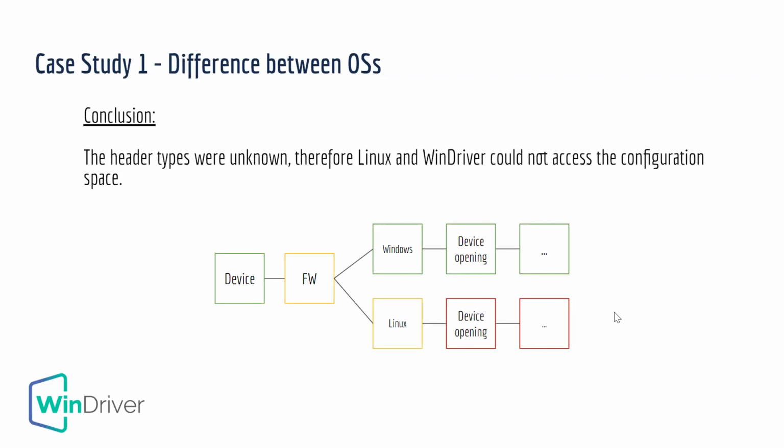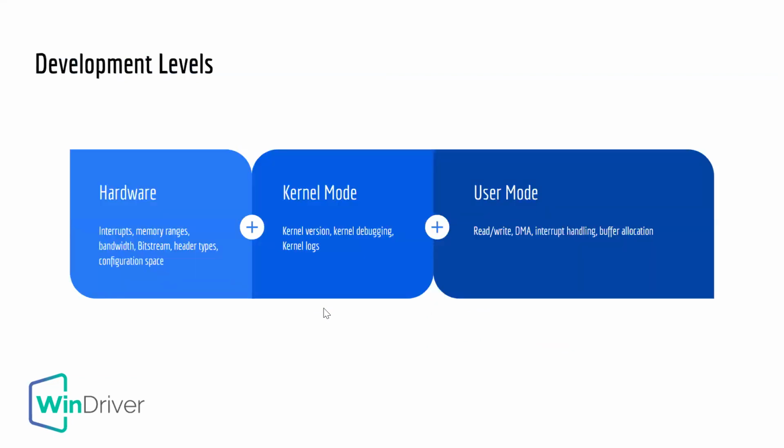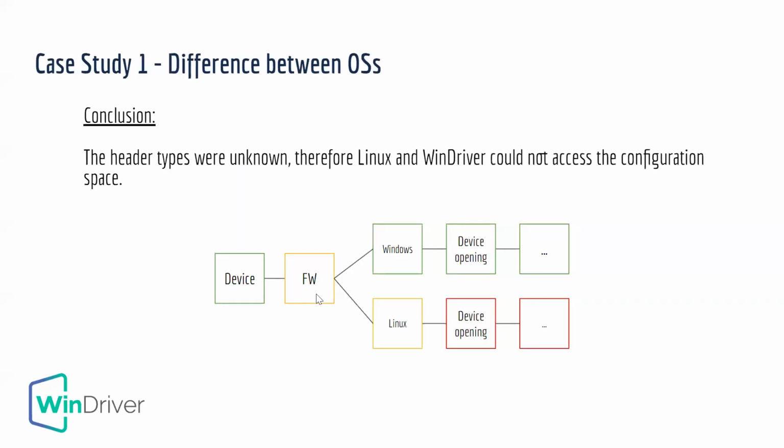So we identified an error on Windows as well, only by looking at the logs, thanks to the issue on Linux. So after fixing the configuration space, the issue was resolved. Okay, so this was just an overview, a case study overviewing the methodology, in this case working with different versioning between different operating systems.